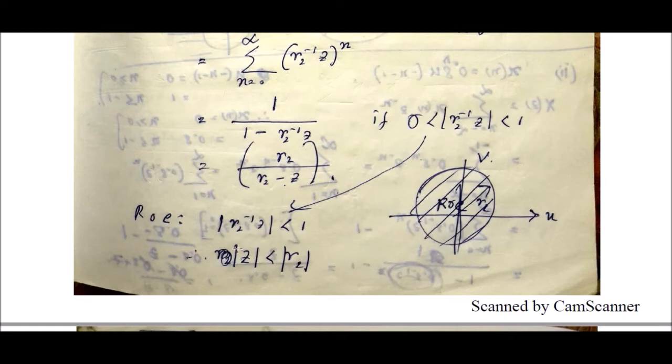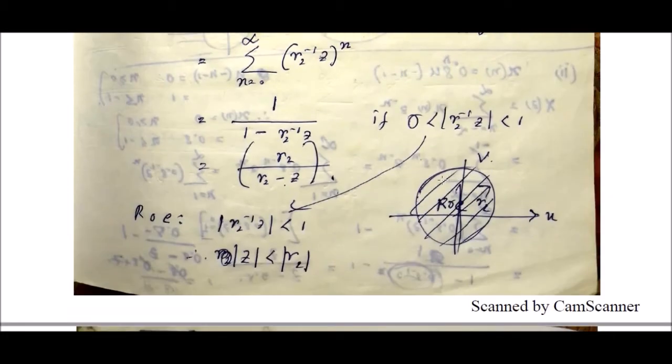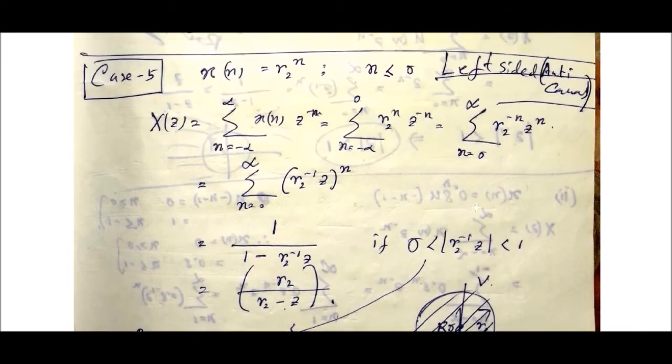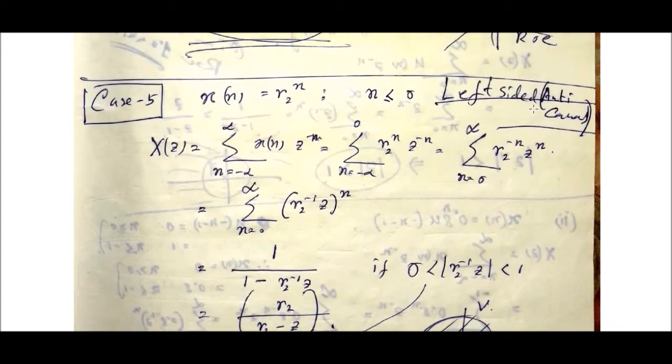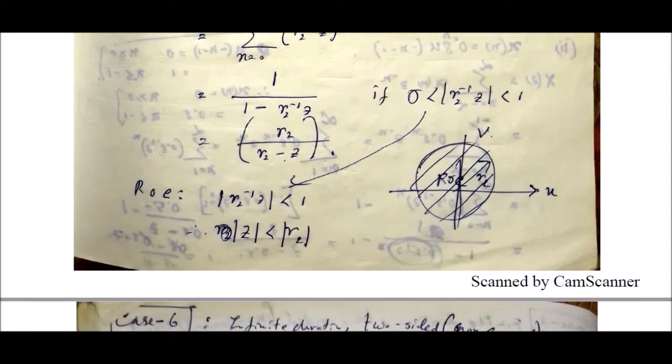That means the entire region should be inside that circle. Because it is a less than sign, whereas before it was a greater than sign, that was the exterior of the circle and this is the interior. So for an infinite duration anti-causal or left-sided signal, its ROC should be the interior of a circle having a finite radius.